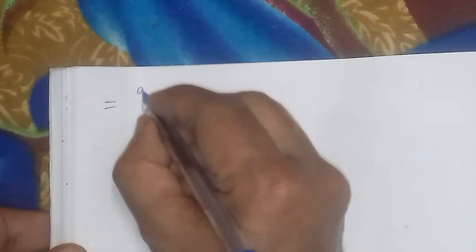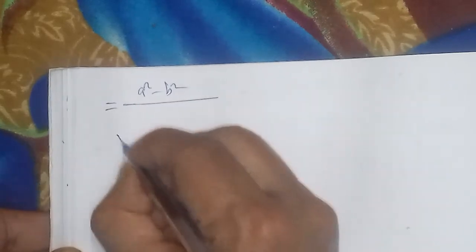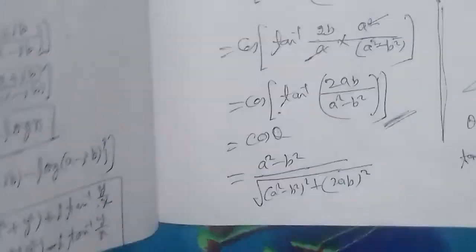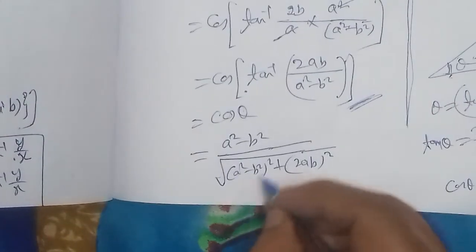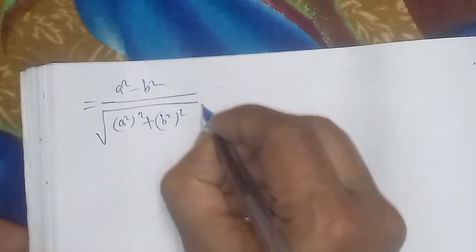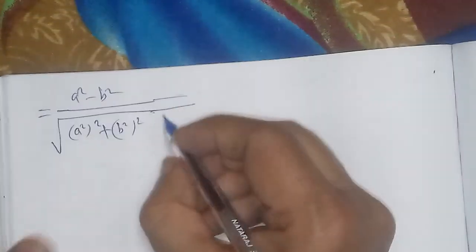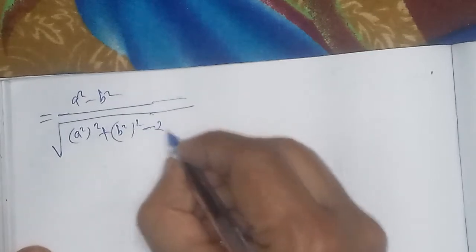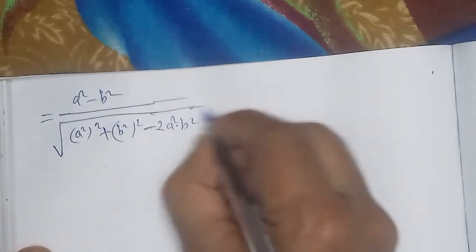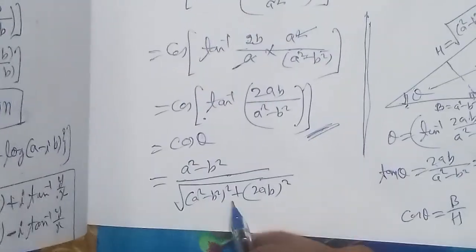This value is equal to the square root of a square minus b square. So taking whole square, we get a square whole square plus b square whole square. First quantity square plus second quantity square, and minus 2 times the first quantity into the second quantity, which is whole square of a square minus b square.